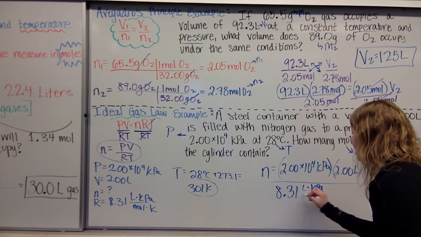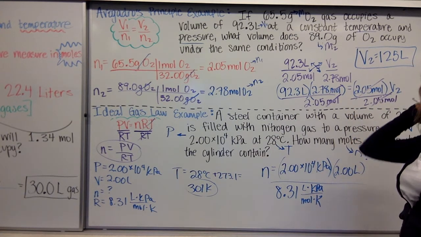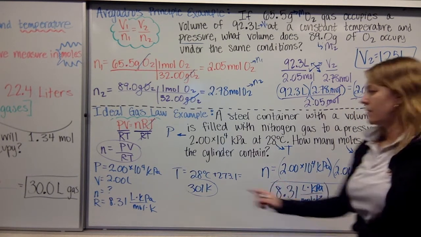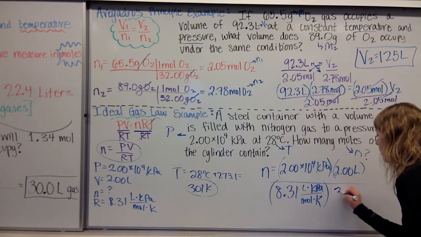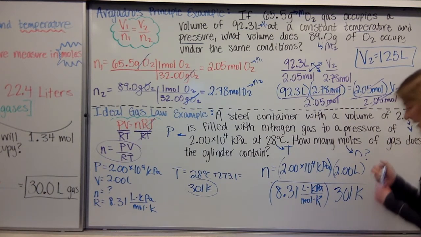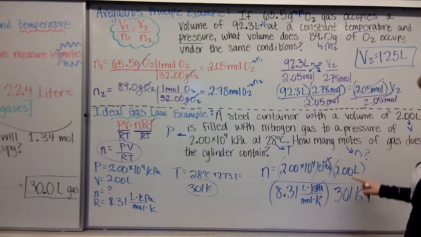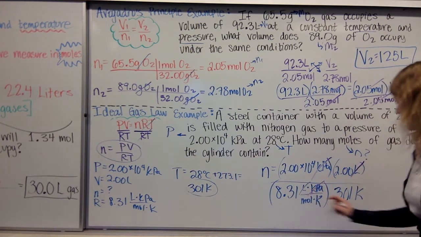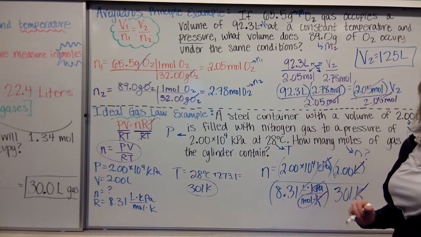We need to see that the units are canceling out. So write this whole unit: liter times kPa over mole times K, times T. And my temperature that I already figured out is 301 K. Okay, let's see if the units cross out. kPa, gone. Liters, gone. Kelvin, gone.